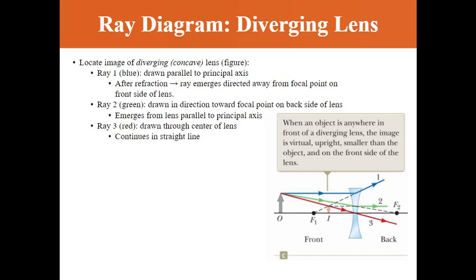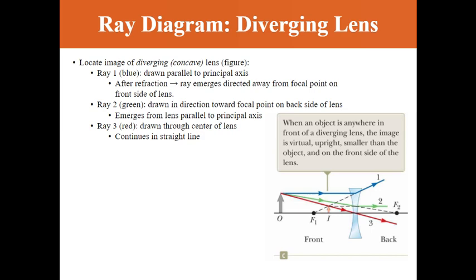The second ray appears to move towards the focal point across the lens, and then refracts parallel to the axis, and then the third ray goes straight through the middle. So wherever those three rays appear to intersect, that's where the image will be formed.